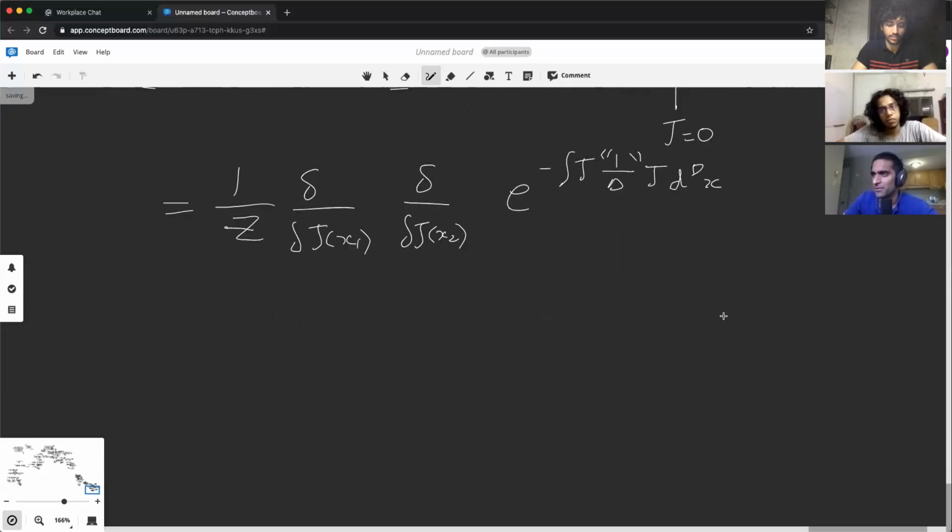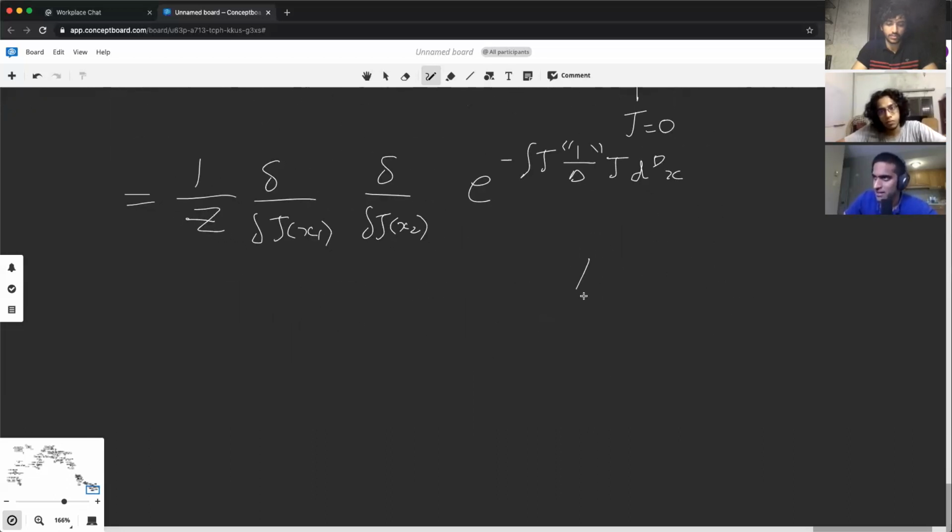Just to clarify, if I were to do a matrix integral, then what I'm using is this property of Gaussian integrals with matrices.